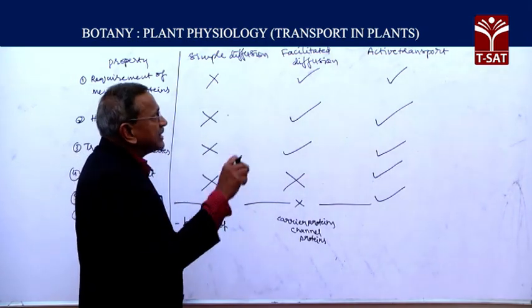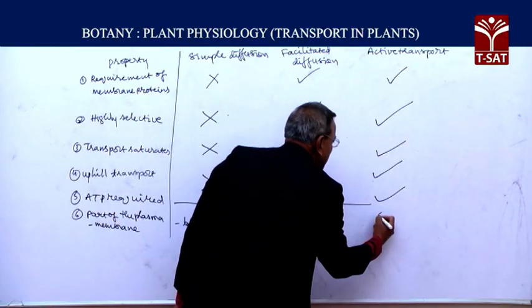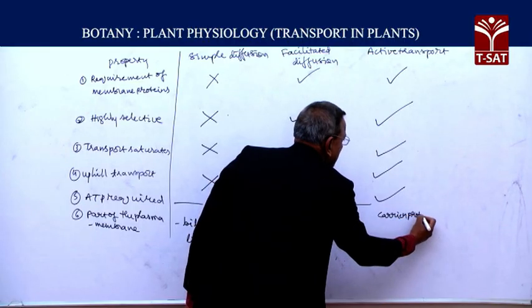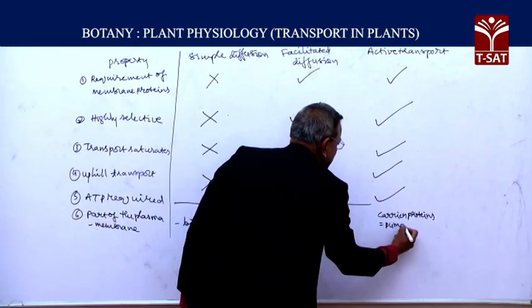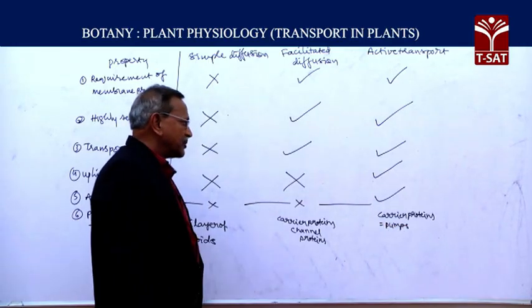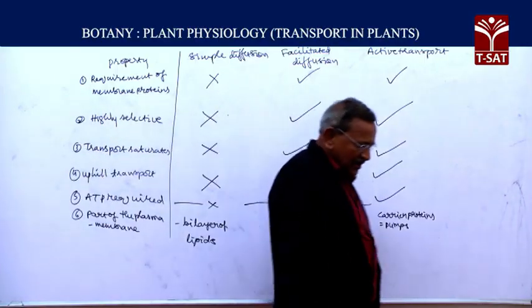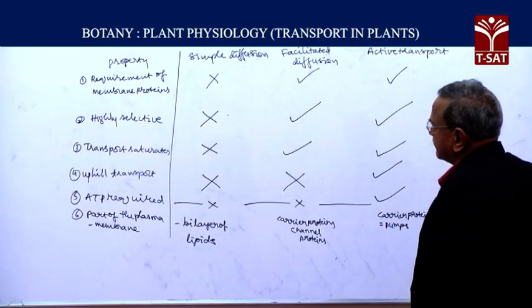What part of the membrane is involved in active transport? Here also we have carrier proteins, and these proteins are normally described as pumps. So this is the comparison of three means of transport.